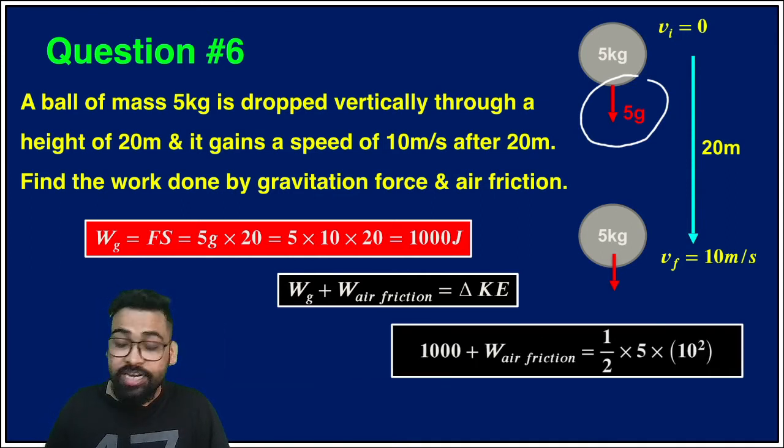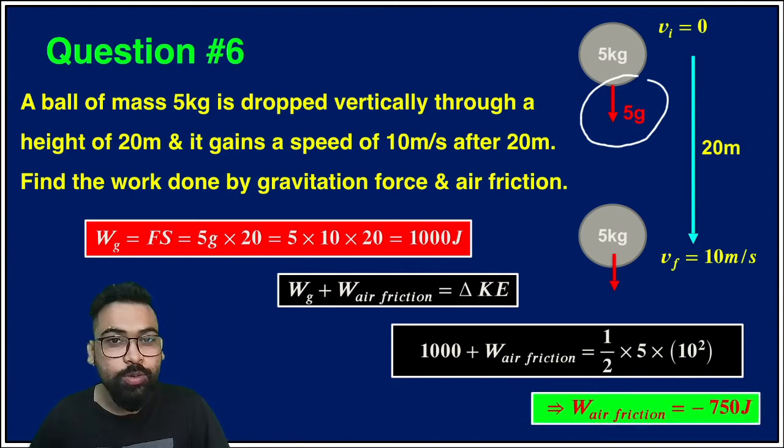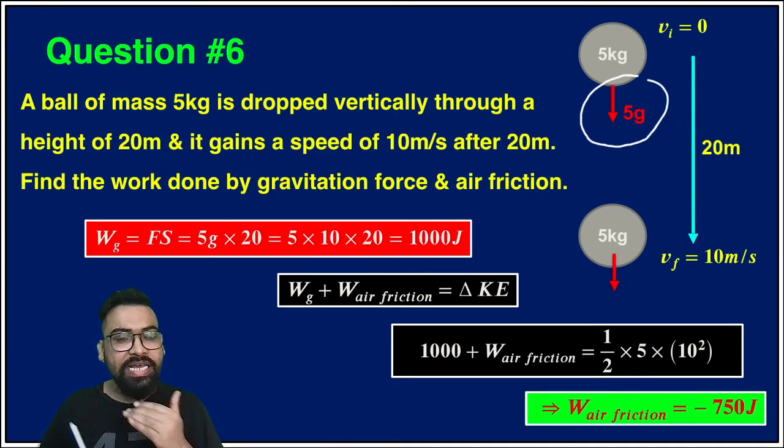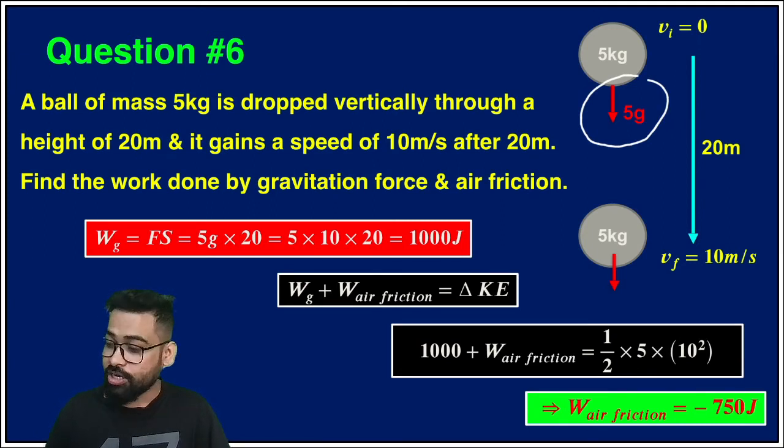You know the change in kinetic energy is half into m into Vf square minus Vi square. So this would be half into 5 into 10 square. Your work done due to gravity, already you calculated 1000. So your work done due to air friction turns out to be minus 750 joules. Right? This is how we proceed, step by step. I hope this was clear.